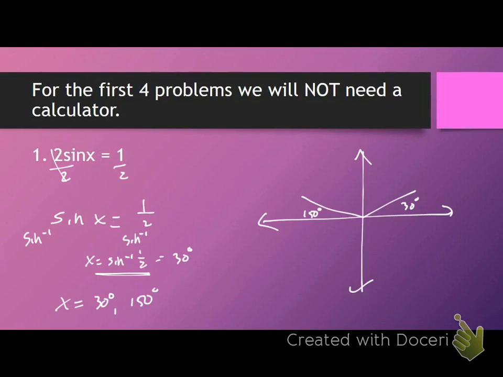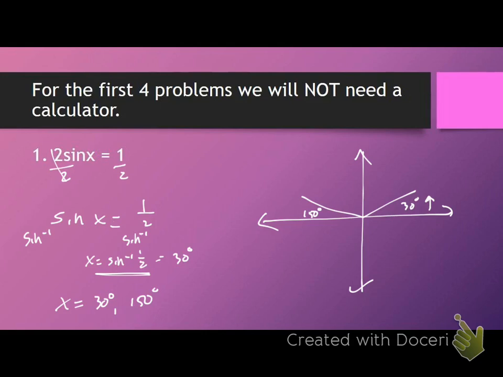It would not tell you the 150. That's where we have to use our brains a little bit, because we know that at 150, sine is 1/2. So how do we get there if our calculator is not going to tell us? Well, if you notice, the fact that the angle was 30 degrees is coming off the x-axis, the horizontal.